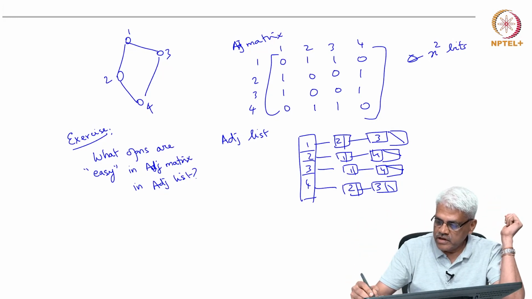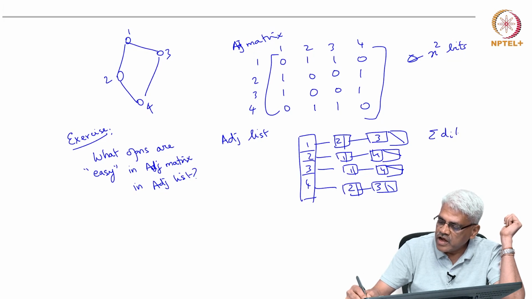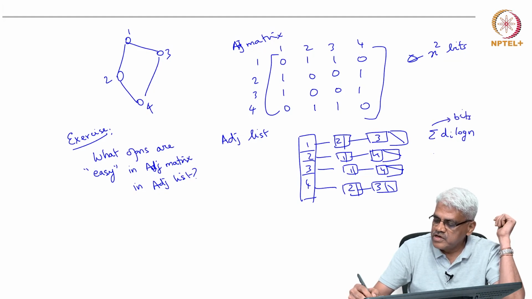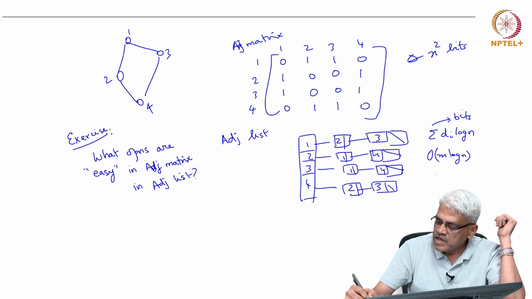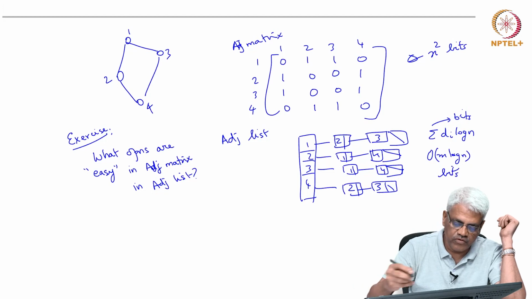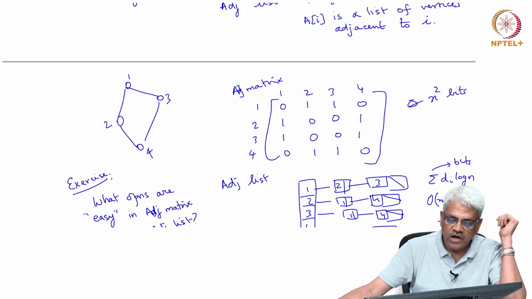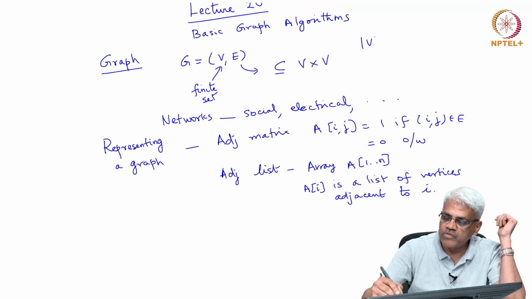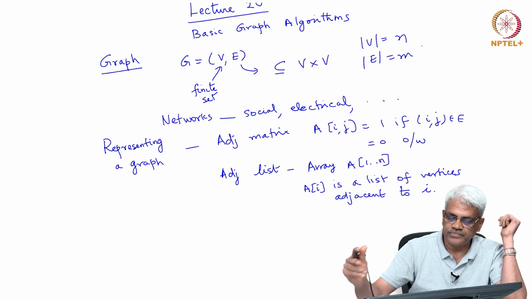So roughly it's summation of di, times log n bits, because to represent a number you need log n bits. So this is like m log n bits, if m is the number of edges. So in my notation, the number of vertices is n and the number of edges is m.